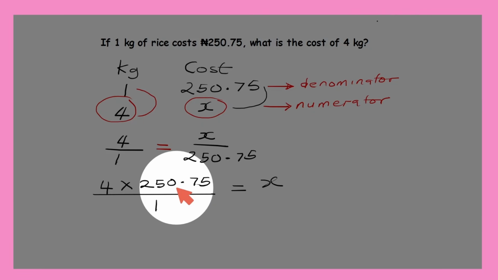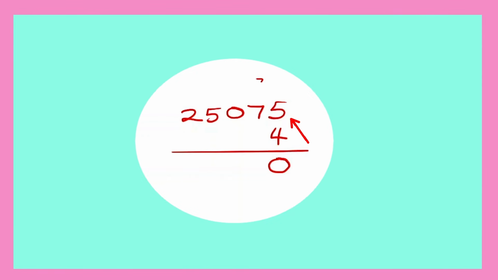So we are going to be having 25075 multiplied by 4. 4 times 5 is 20. 0 carry 2. 4 times 7 is 28 plus 2, 30. 0 carry 3. 4 times 0 is 0 plus 3 is 3. 4 times 5 is 20. 0 carry 2. 4 times 2 is 8 plus 2, 10.